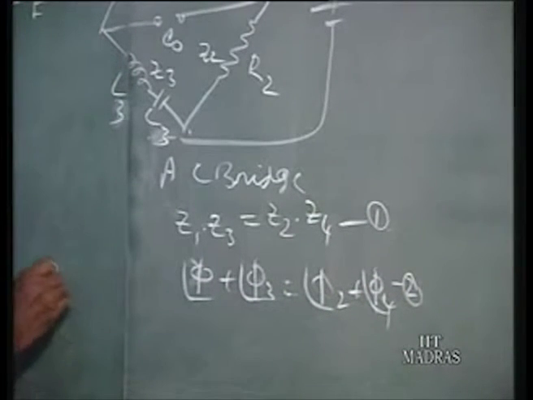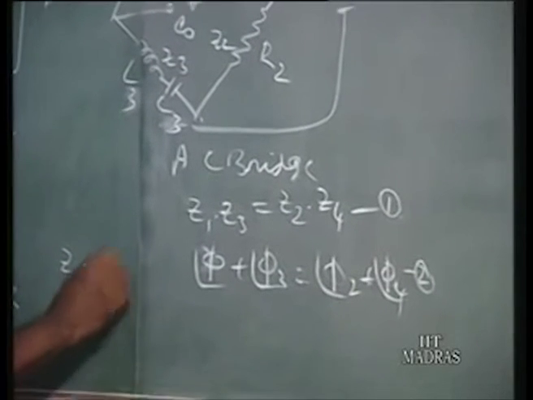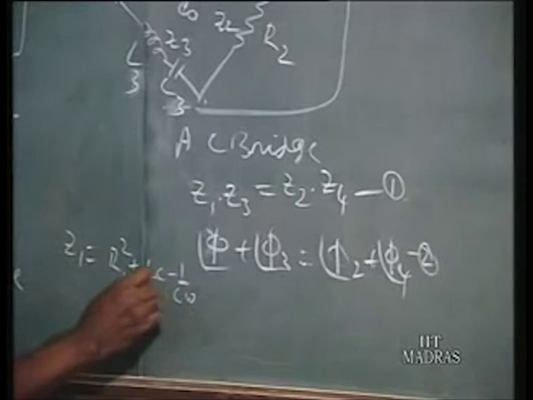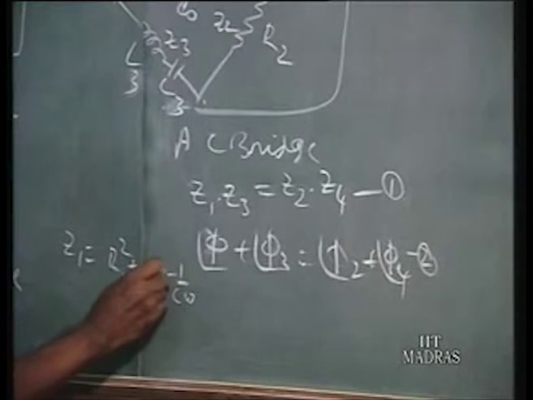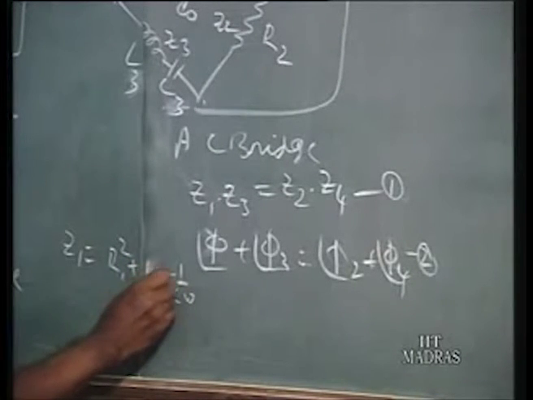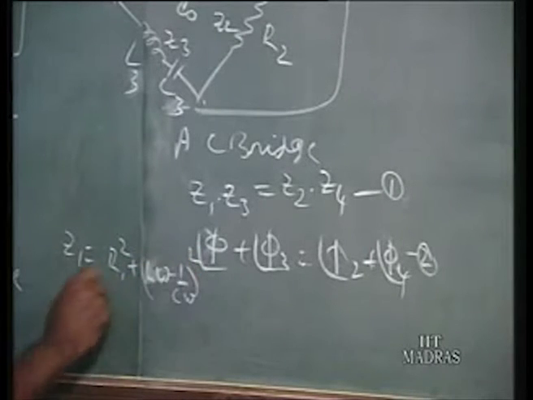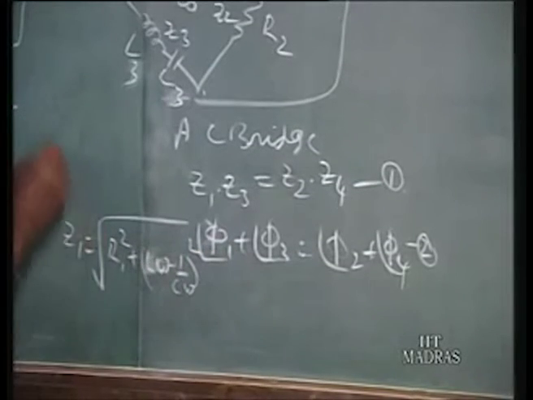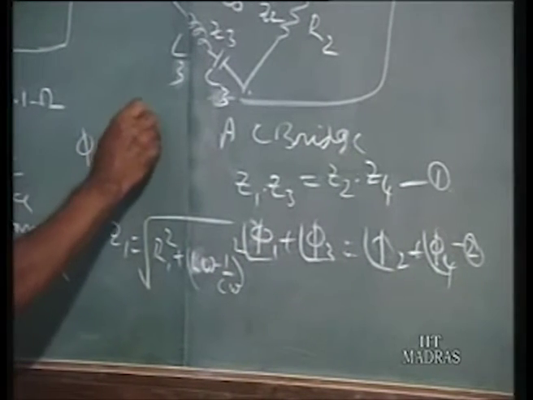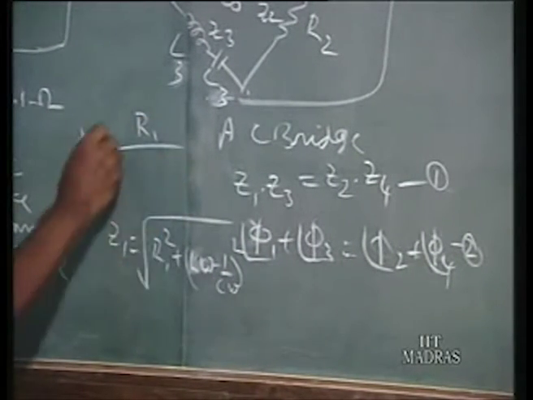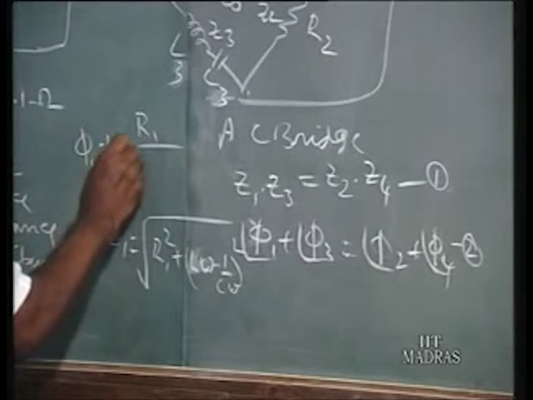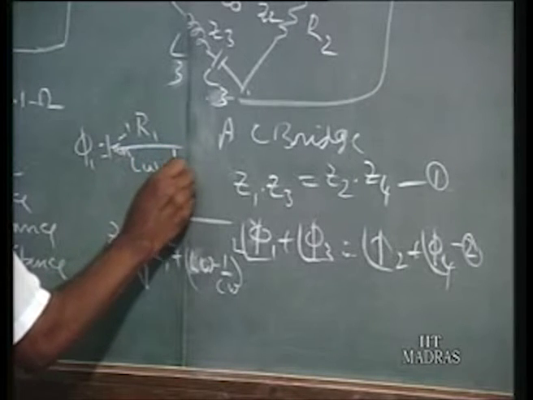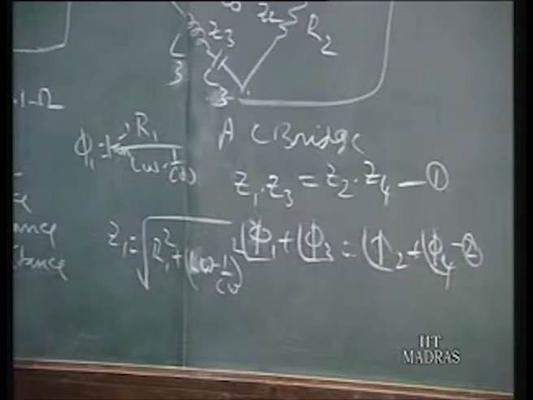We know Z1 is equal to the square root of R1 squared plus (L omega minus 1 by C omega) whole squared. So the root of this is your Z1, and phi 1 will be the phase angle.